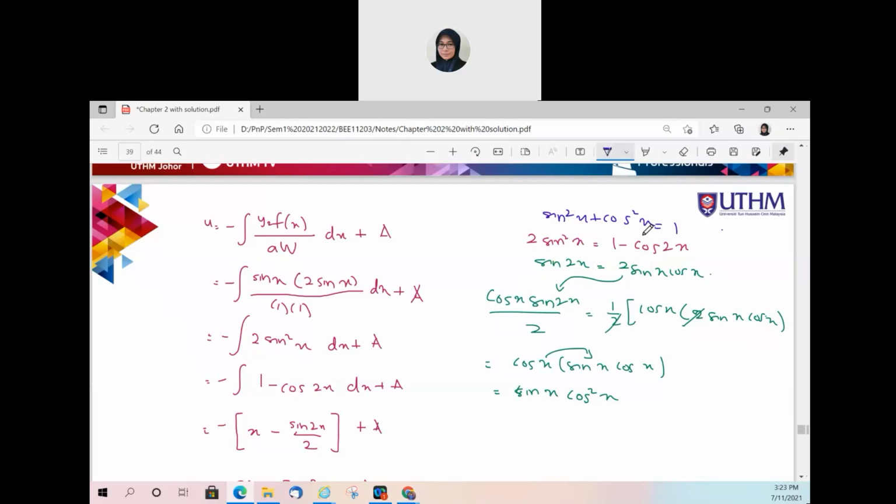So you modify this one, then you have cos squared x equals 1 minus sin squared x. You put this one in here.